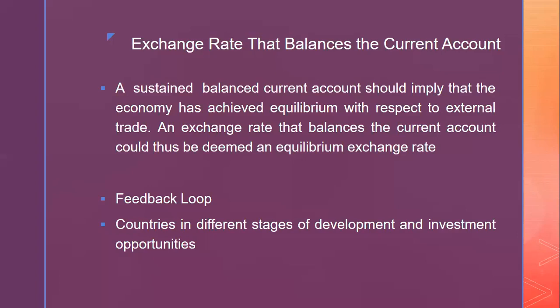Even though we see a balanced current account today, we cannot guarantee that it resulted from today's exchange rate. Maybe the exchange rate from 2 or 3 months previously caused the current account balance today. So this time lag between the current account and the exchange rate determination might have an impact on this definition. We say feedback loop because of the time lag.